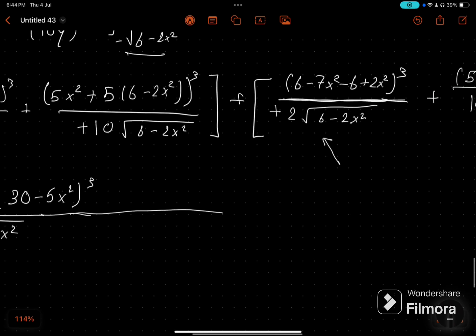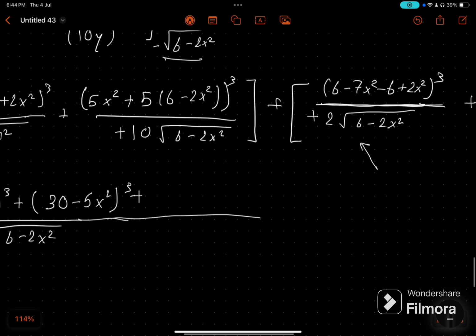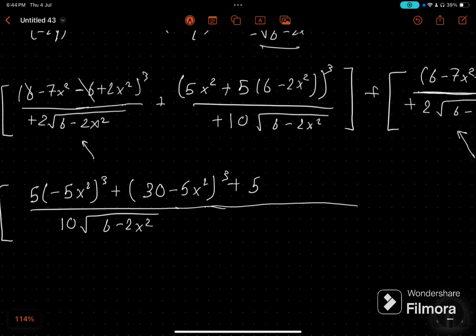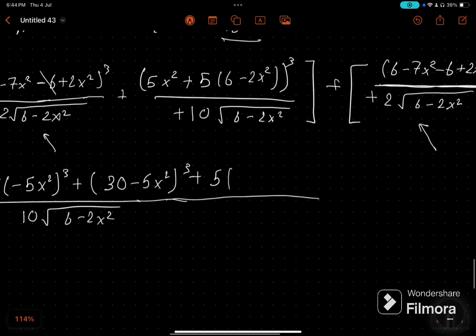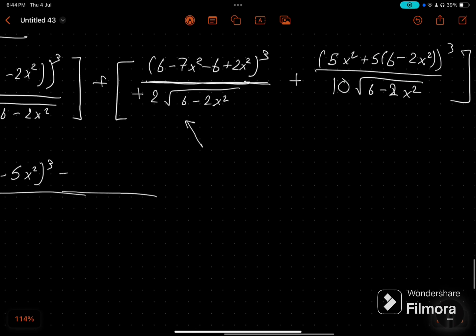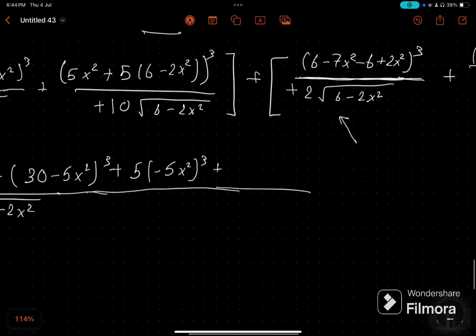And then we have plus, which is the same as we got here. So first we multiply by 5, and then we do minus 5x squared all to the 3. And we do plus 30 minus 5x squared all to the 3.